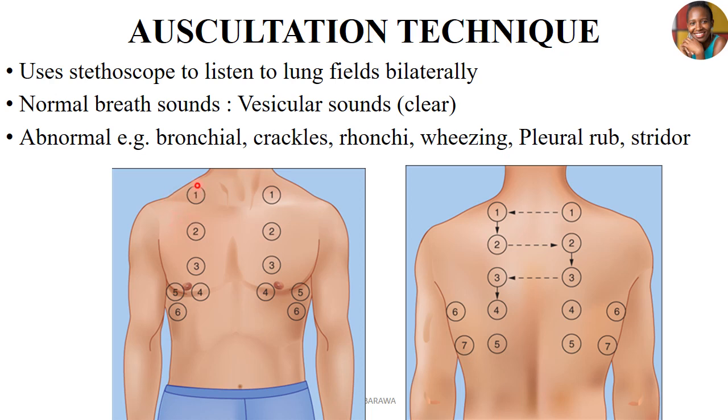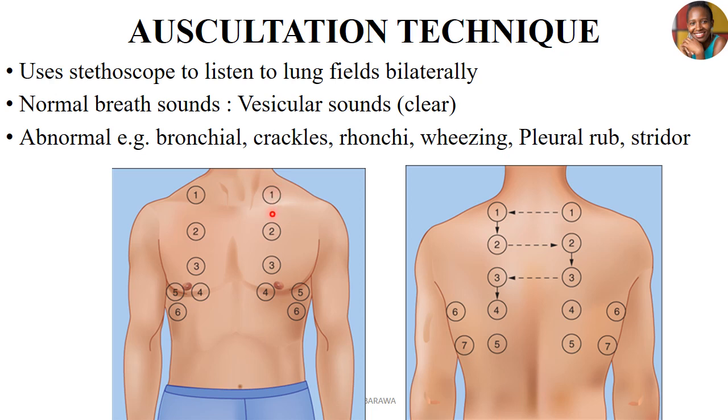So you place your stethoscope at point number 1, tell your patient to breathe in, and listen to the sounds both while they're breathing in and when they're breathing out. So tell your patient, breathe in and then breathe out as you're listening to the sound. Is it a normal sound? Does it show you clear entry and exit of air? And then you move to the other side of the lung apex and tell your patient to do the same. Breathing in, you listen to how the sound is. Breathe out, you listen to how the sound is changing.